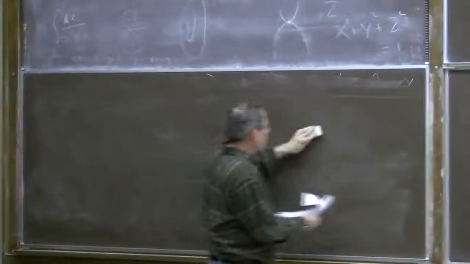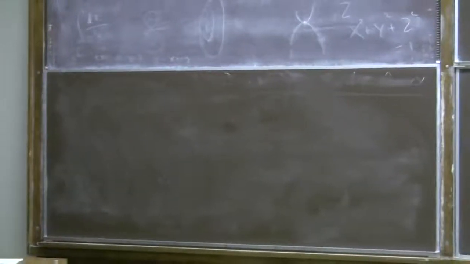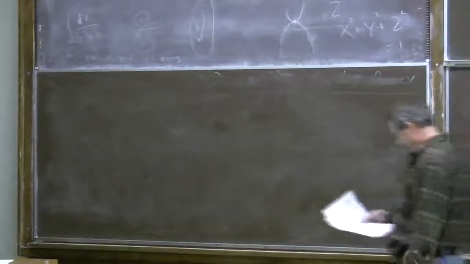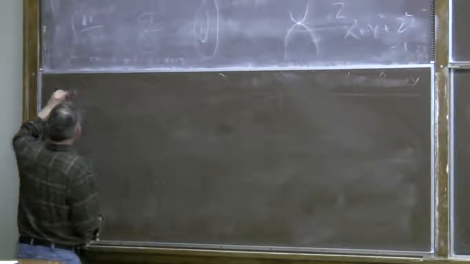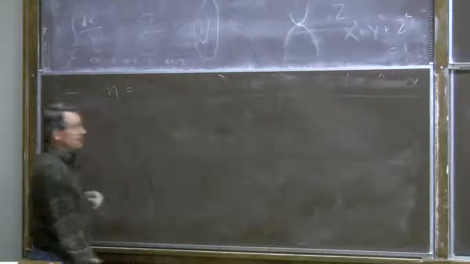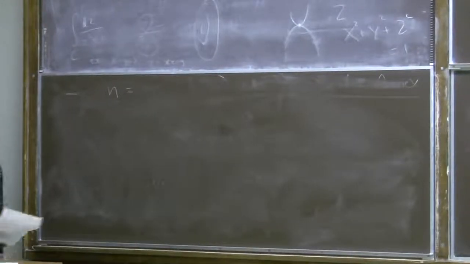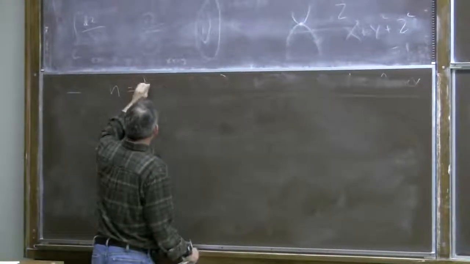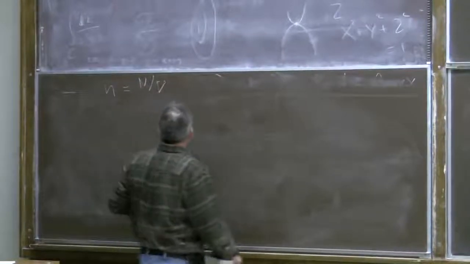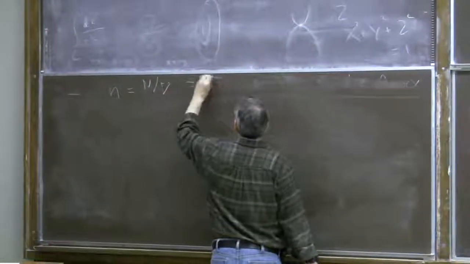Well, another thing that's interesting about the formula is this. Let me define small n, not capital N, as the number of particles per volume, the concentration.